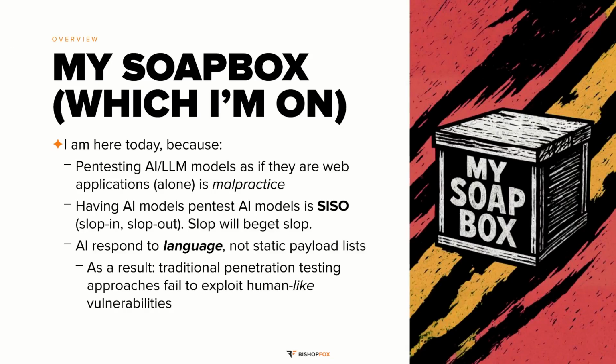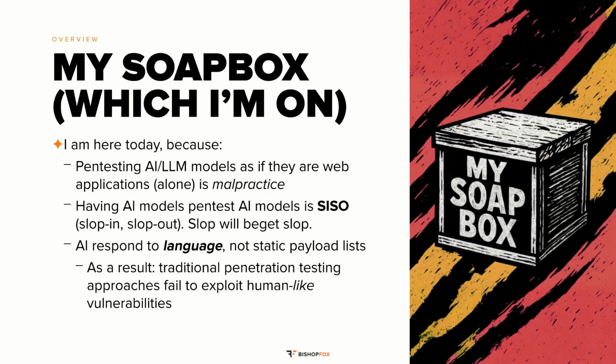So this is my soapbox, which I am standing on. I am here today because pen testing AI LLM models as if they are web applications alone is malpractice, or it should be considered so. Having AI models pen test other AI models is something I call CISO, or slop in and slop out.